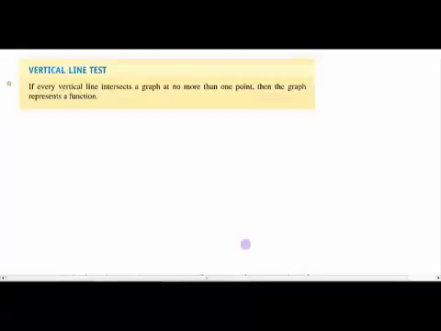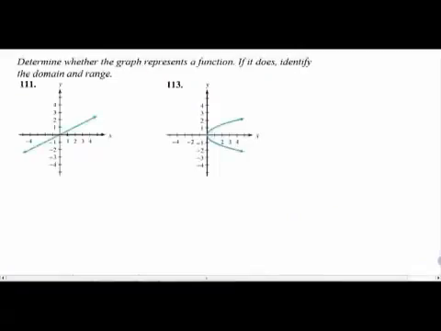Now we have something called the vertical line test that we use when we have graphs. If every vertical line intersects a graph at no more than one point, then the graph represents a function. So let's try this vertical line test on these. Let's determine whether the graph represents a function. If it does, then identify the domain and the range.